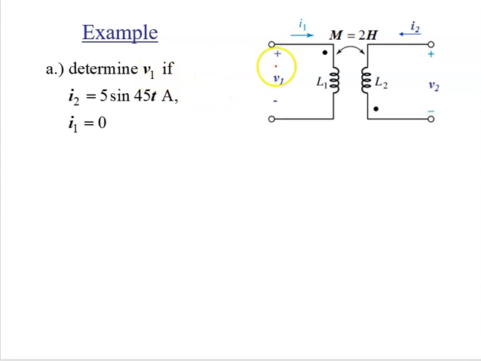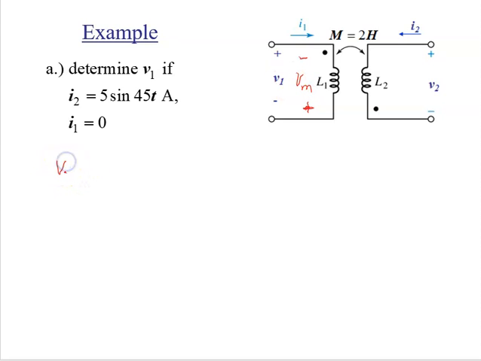Okay, let's look at this example to help us. Here we want to determine the voltage V1 if I2, 5 sine 45t, is flowing into the non-dotted terminal of L2. What we know is that the mutually induced voltage across L1 is going to be down here at the non-dotted terminal. So we'll have the positive here and the negative there, and that will be Vm.